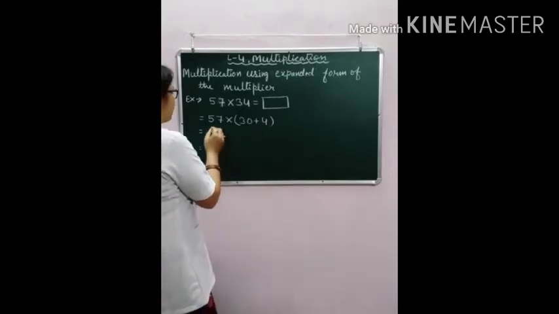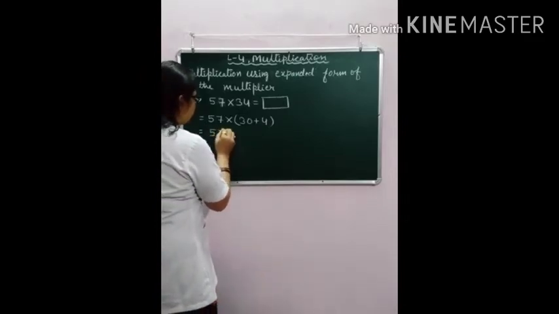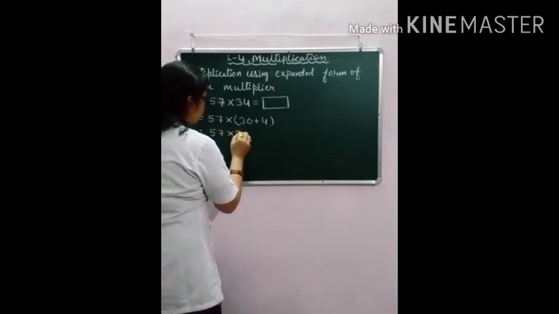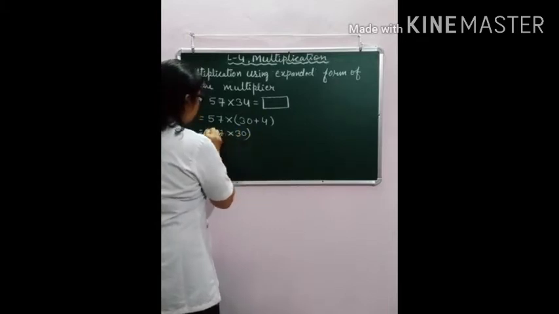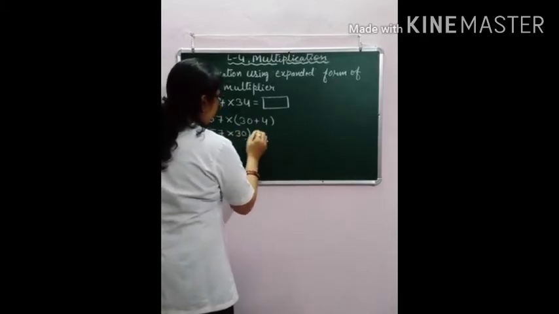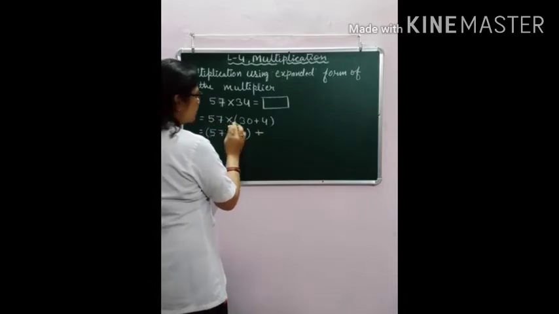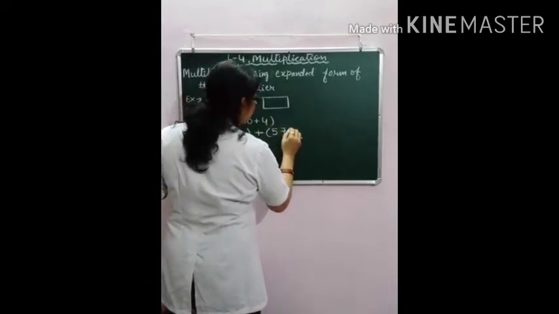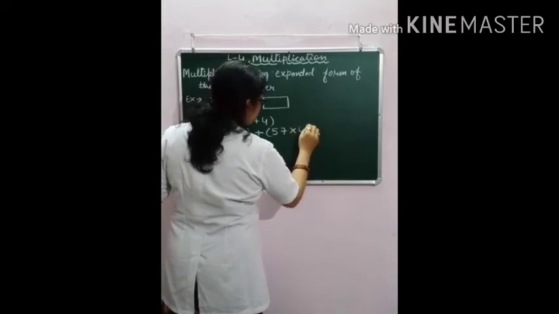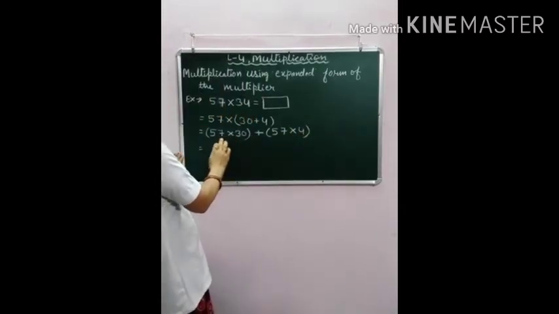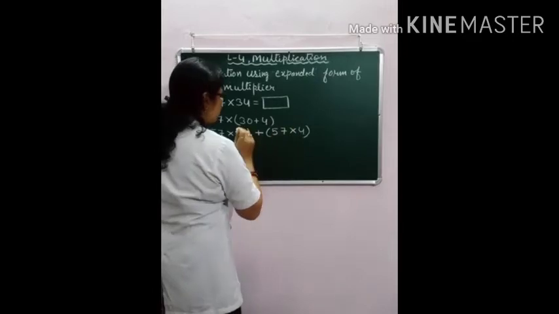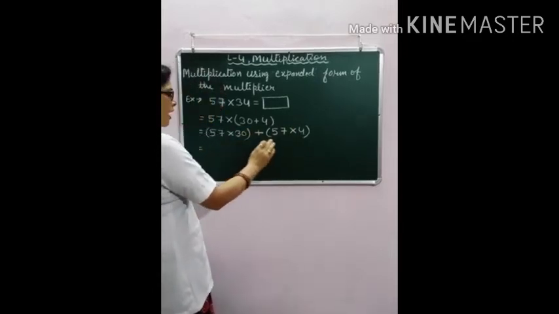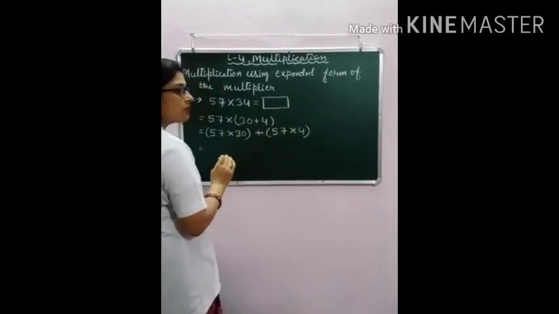Now we will multiply 57 by 30 and we will put a plus sign, and again we will multiply 57 by 4. And separately we will find out the product of these two numbers, and after that we will add the numbers and we will get the final result.